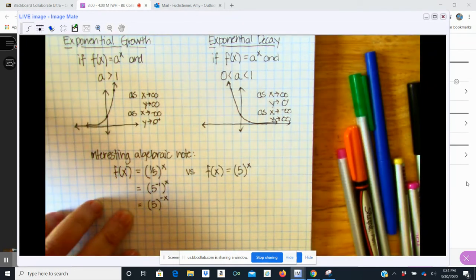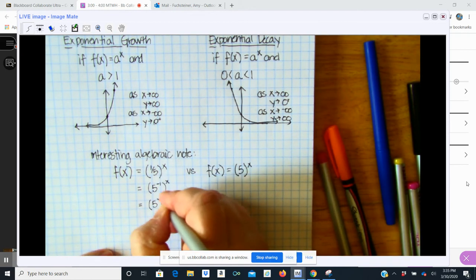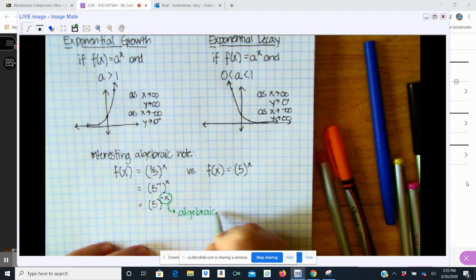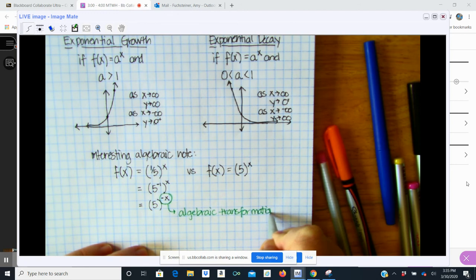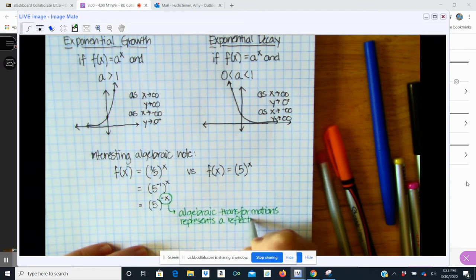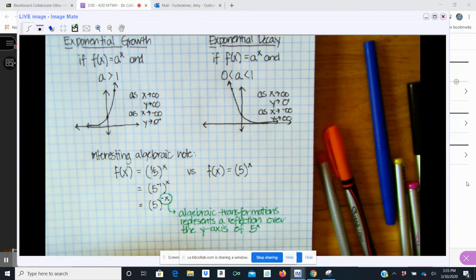Keeping in mind that if you have a negative x here, in terms of algebraic transformations, this represents a reflection over the y-axis of 5 to the x.